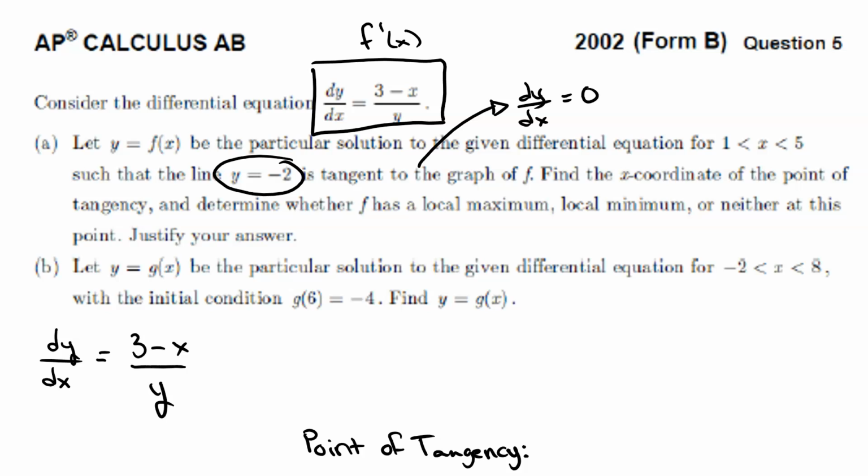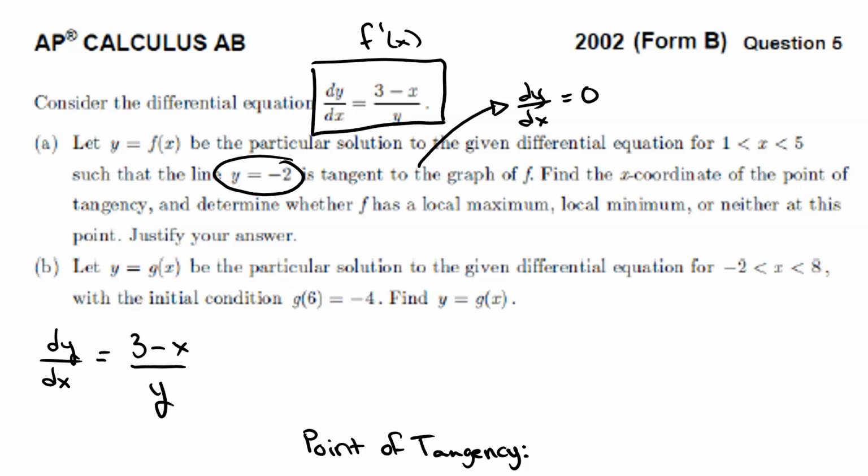All right. Find the x-coordinate of the point of tangency and determine whether it's a local maximum, local minimum, or neither at this point. All right. So we are investigating whether or not this is going to be a local min, local max, or neither. Right.